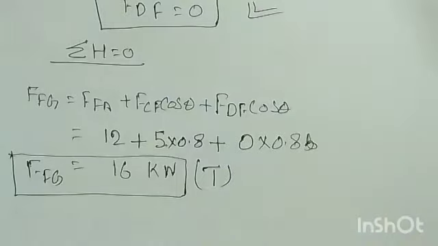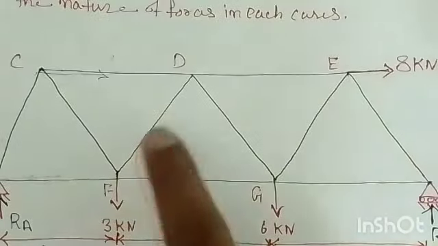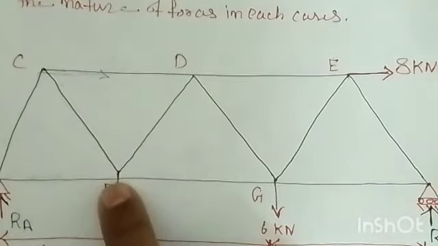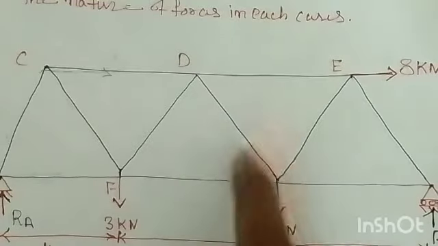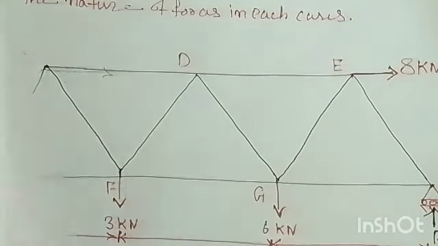Next joint we can take as D. I'll show you that we will take this D. Why? Because these forces we already calculated, and only DG and DE remain to be calculated, right?